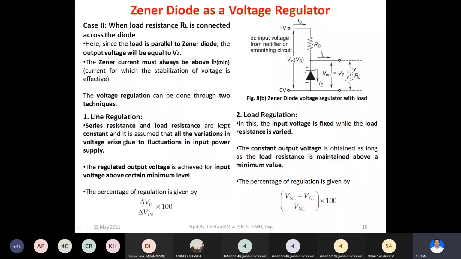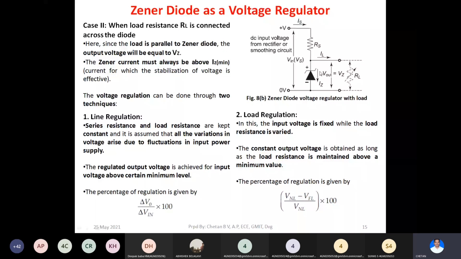Under this line regulation, there is one important point to notice: the regulated output voltage Vout can be achieved only if the input voltage is above a certain minimum level, right? Because to achieve constant output voltage you require this diode to be operating in the reverse breakdown region.